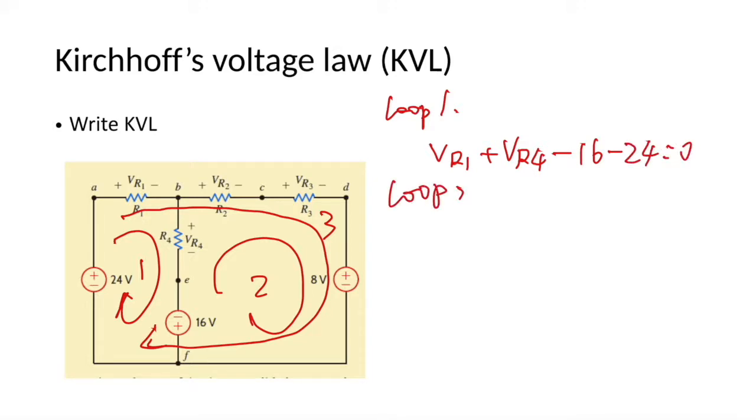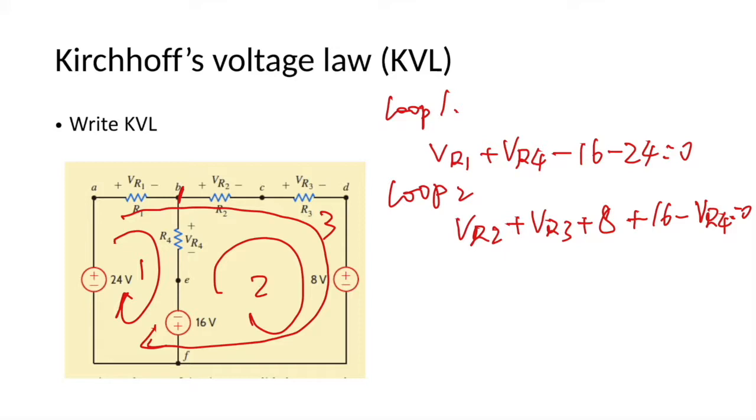For loop 2, we can start from B: VR1 plus VR3 plus 8 plus 16 minus VR4 equals 0.